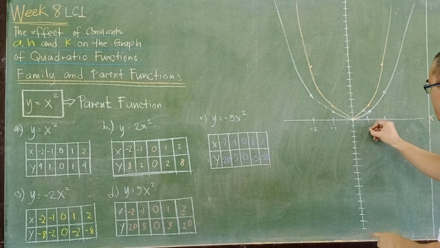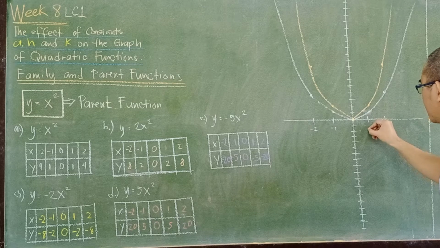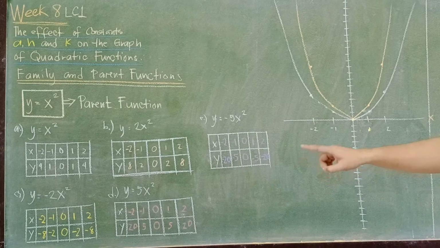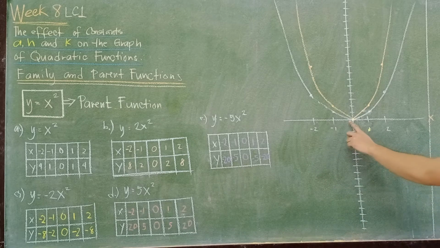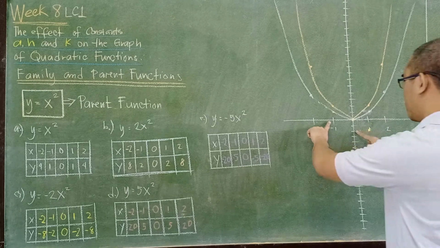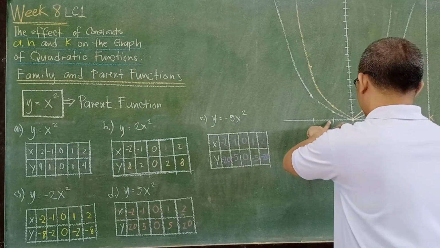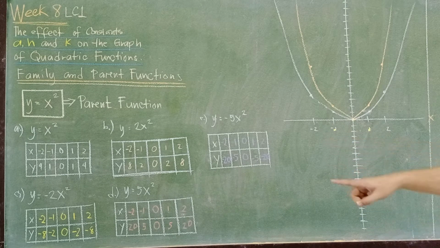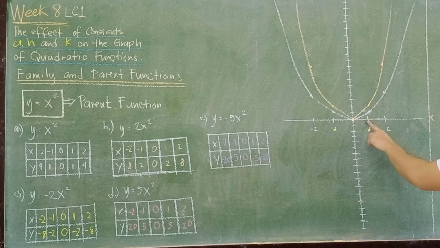Negative 2. Yan. Next is negative 1, negative 2. So, this is negative 1 and then negative 2. Next, 2, negative 8. So, we have 1, 2, tapos positive 2.